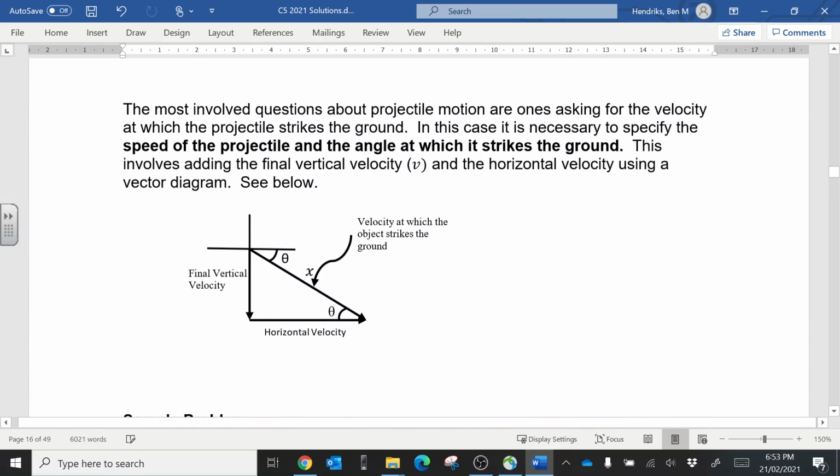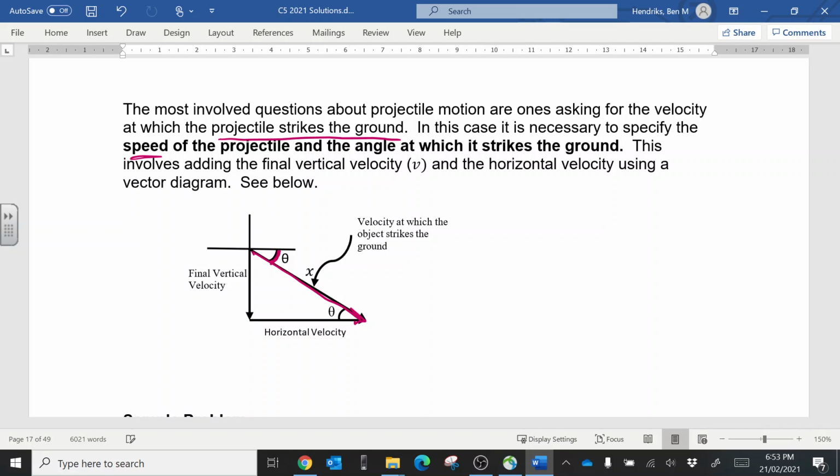The most involved questions about projectile motion are ones asking for the velocity at which the projectile strikes the ground, sometimes called the final velocity. Because velocity is a vector, we need a direction. So we need the speed, which is the magnitude of the final vector, and then we need the angle at which it hits the ground.